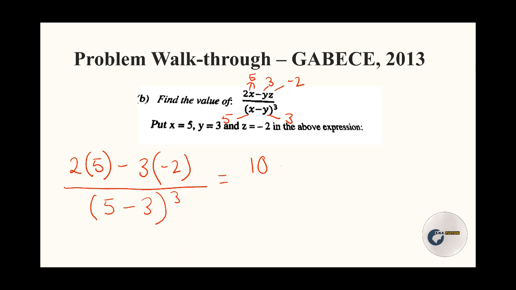A negative multiplied by a negative makes a positive, so that's plus 6. And then over 5 minus 3 is 2 cubed. So that is equal to 16 over 2 times 2 is 4, multiplied by 2 again is 8. So all I need to do now is 16 over 8 is equal to 2. So my answer is 2.